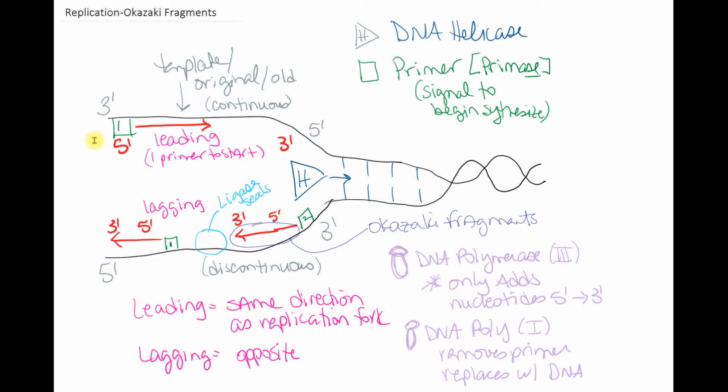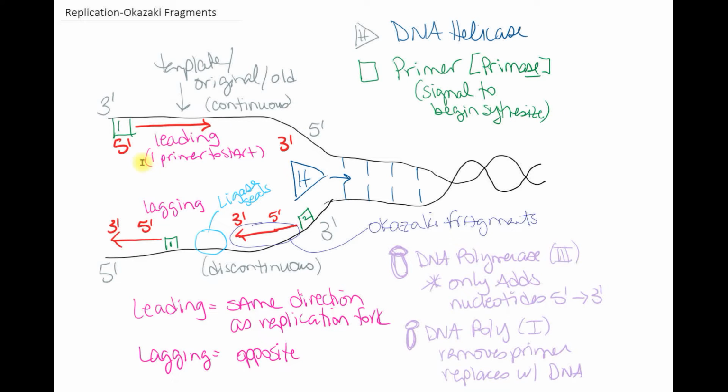Let's talk about the leading strand first. So we have what is called a primer, and the primer is going to lay down on the original 3' end. So that's what this green box is with the 1. And when it has that primer, the enzyme called primase, ASE, will signal that it is time to start building the new DNA molecule from the template.